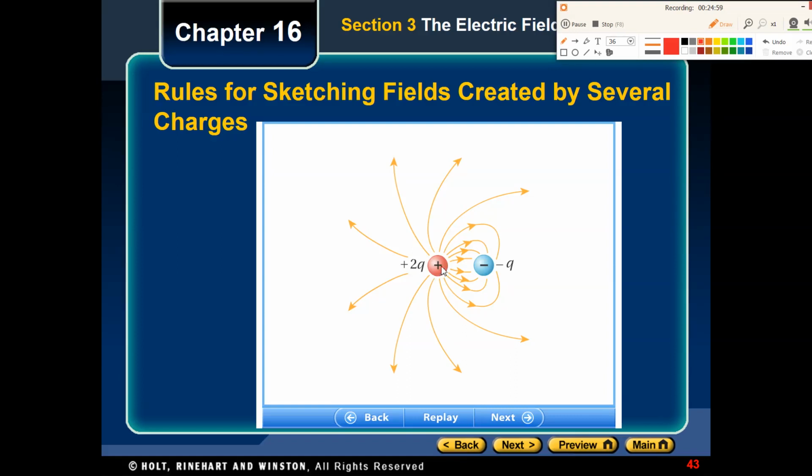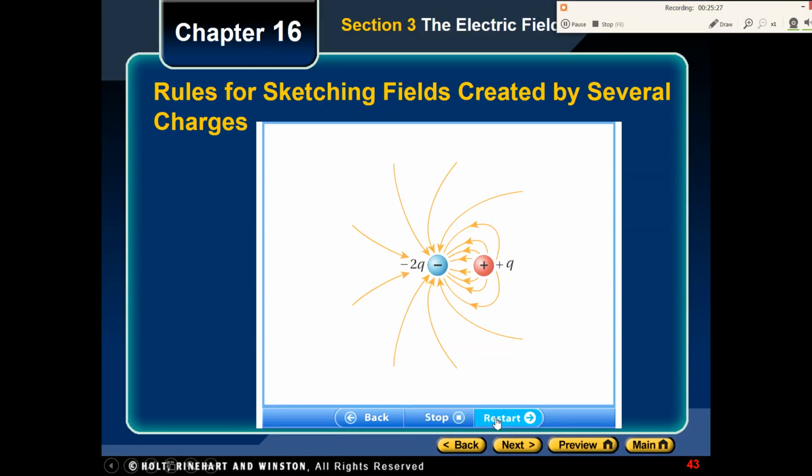If you count the lines away from the positive charge, there are so many. For the negative, it's only this part. Count this number. The number of lines ending on the negative charge should be half, so the number of lines away from the 2q charge is double.